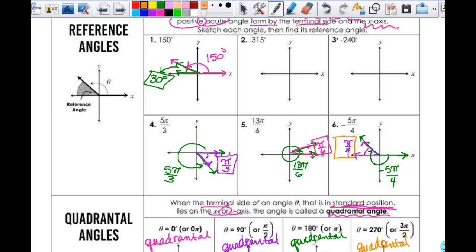If you're having trouble with which quadrant and how much more to go back, I want you to try and think in radians, but if you're struggling with it, go ahead and convert it to degrees, find your reference angle, give me that in radians, and then eventually you won't have to go through all that once it starts to make more sense to you. Okay, is that okay? Okay, good. Anything else? Awesome.